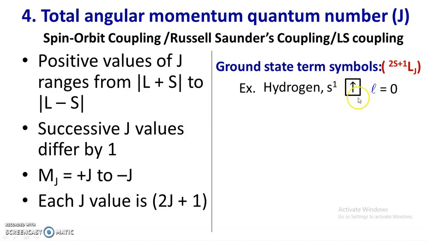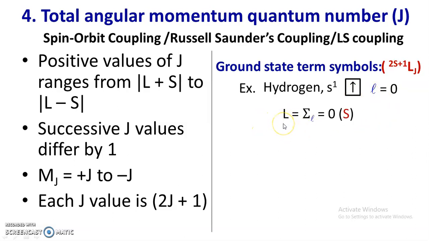It is present in the s orbital, and for this electron the value of the azimuthal quantum number l is equal to 0, because the electron is present in the s subshell. Again, there is only one electron, and therefore only one l value, that is l equal to 0.